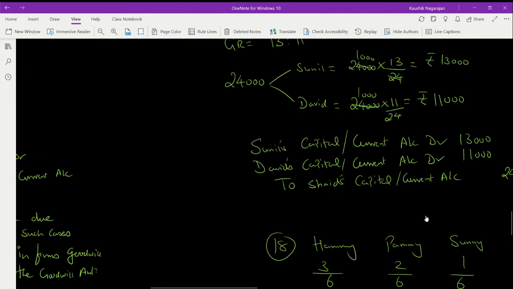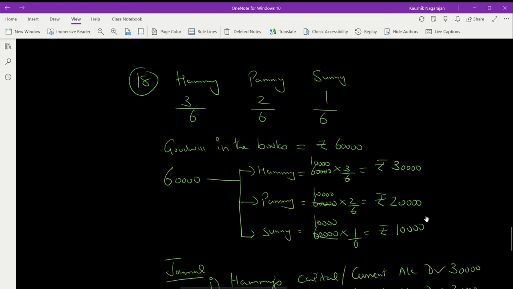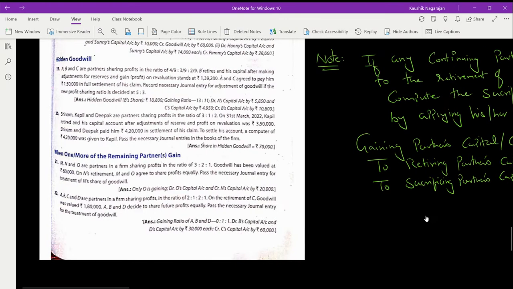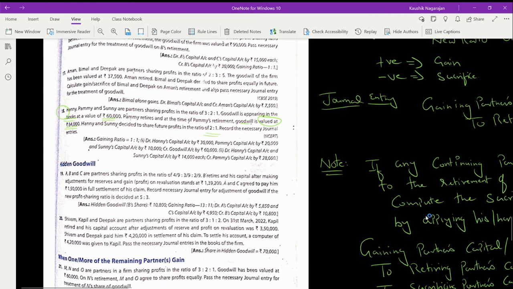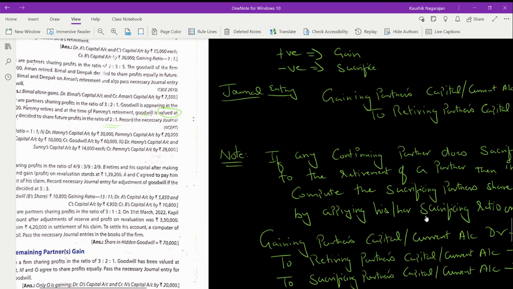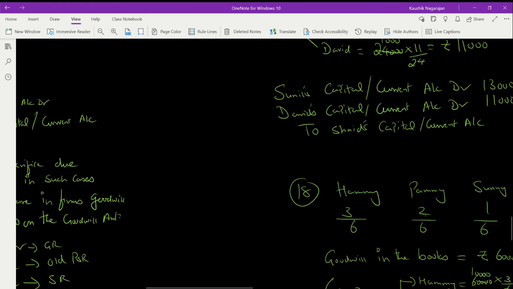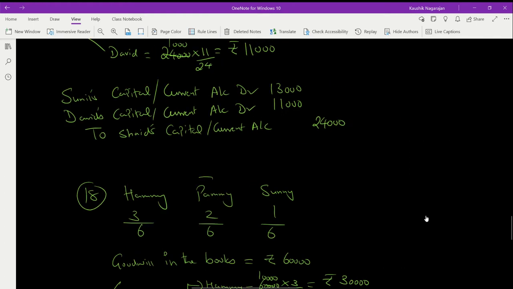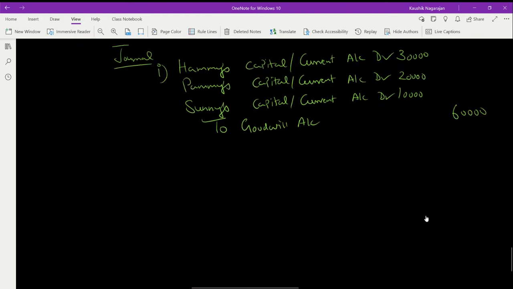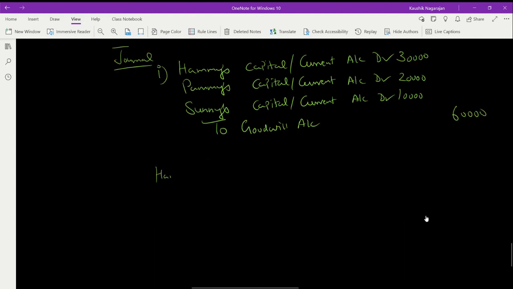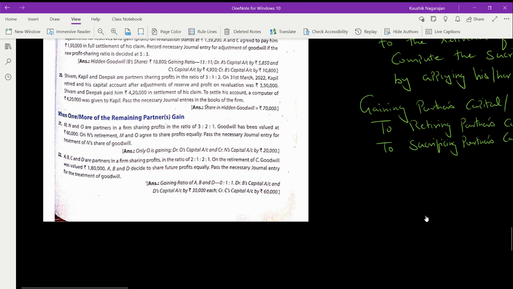Okay, fine. So who's retiring? It was Pammy who is retiring from the business. Am I right? So just mark Pammy as retired. Okay, so who is going to be the continuing partner? The continuing partners are going to be Hammy and Sunny. And what is the new profit sharing ratio?